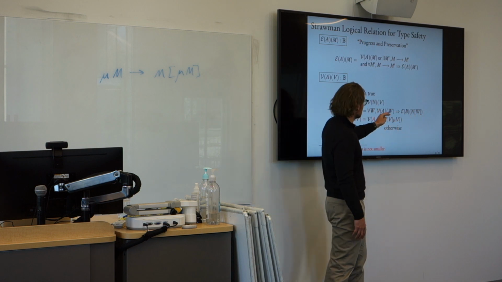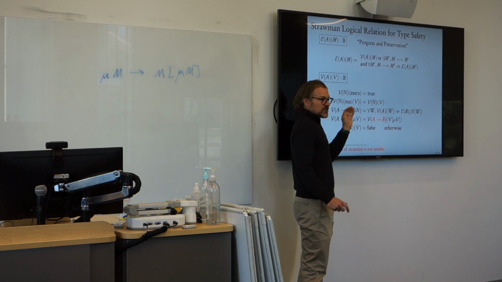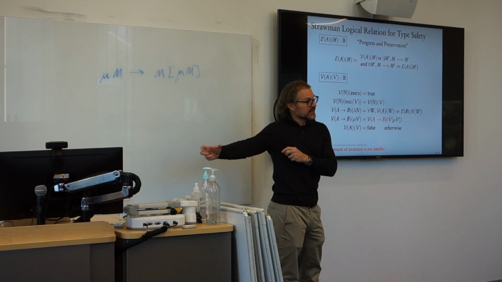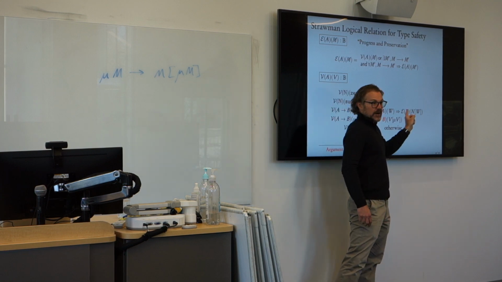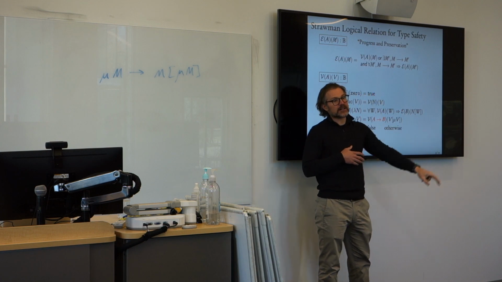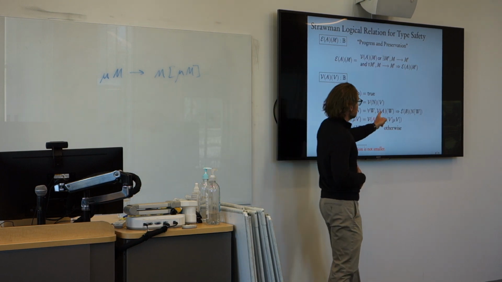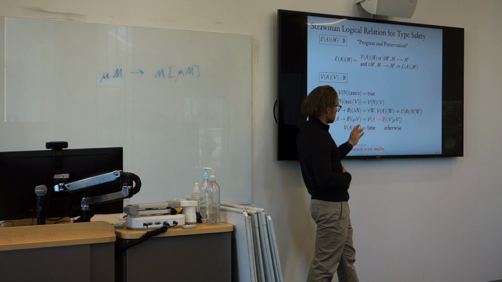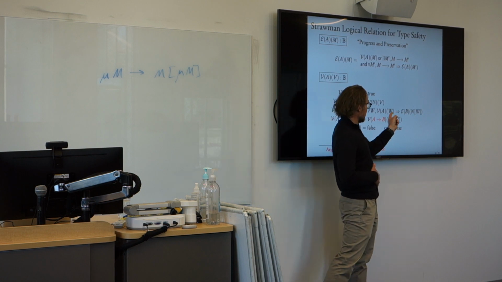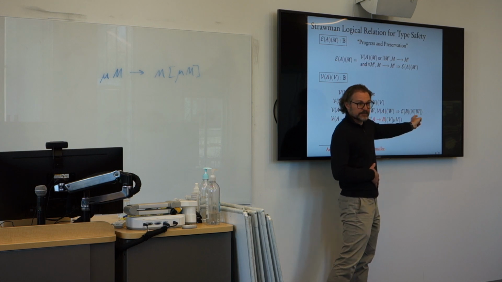Okay? So here we've packaged up everything you need to know about this lambda so that later on when we apply it, we'll know that we have a well-behaved lambda, and that's going to give us a well-behaved body. And we're going to be able to keep running the body, and prove what we need to prove about it. Okay? So you're going to see this over and over again whenever you're defining a logical relation. For the lambda case, you're going to quantify over all arguments. And then you're going to say that you've got a good body.